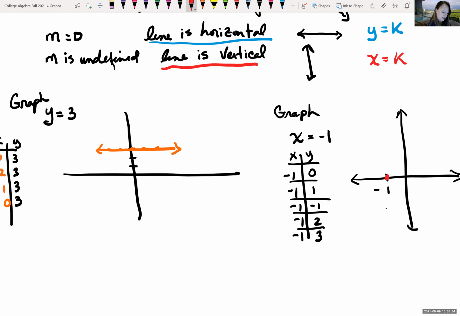And so I have a point at (-1, 0), (-1, 1), (-1, -1), (-1, 2), (-1, 3). And so it's vertical.